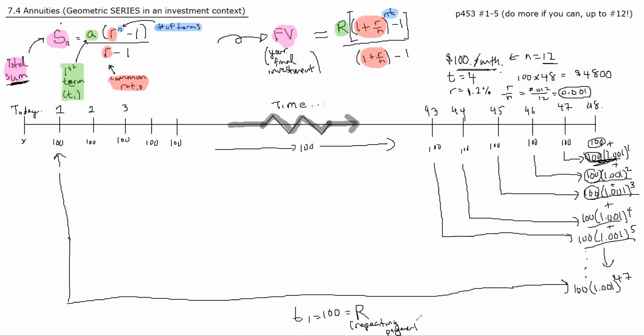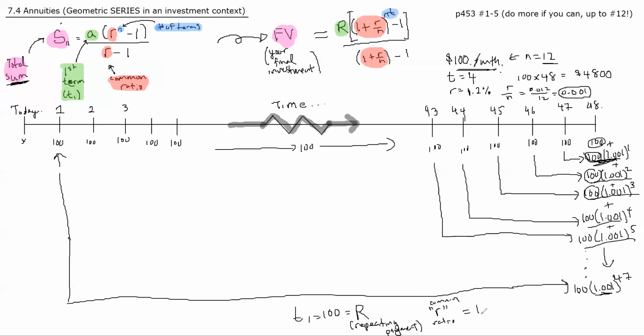Okay? What is my interest rate? What is r to the power of n? Well, in this case, the r, the common ratio, happens to be 1 plus 0.001.